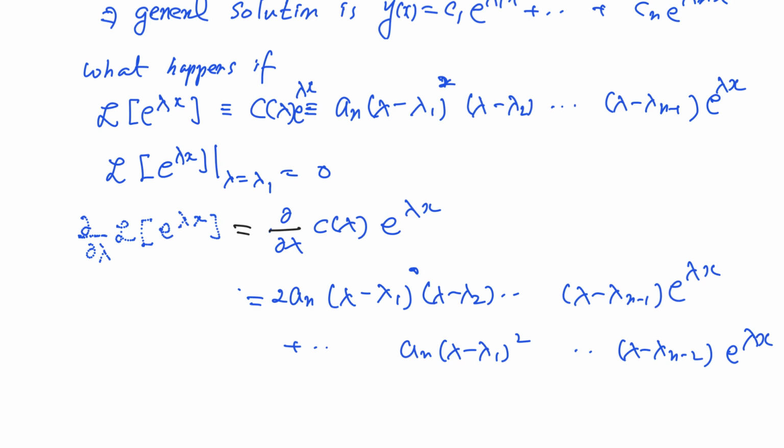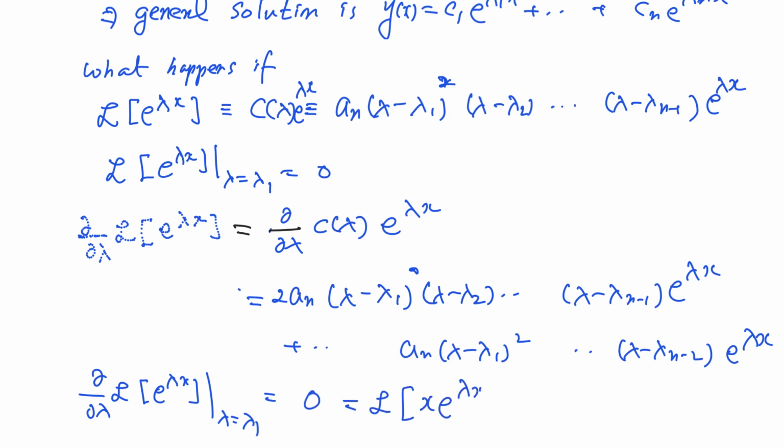So if we set this partial derivative with respect to lambda equal to 0, it is the same as x exponential lambda 1 x. So that means x exponential lambda 1 x is solution 2, right?